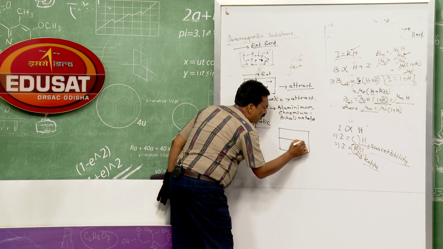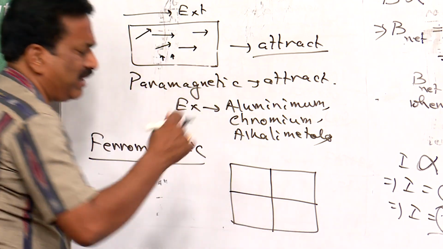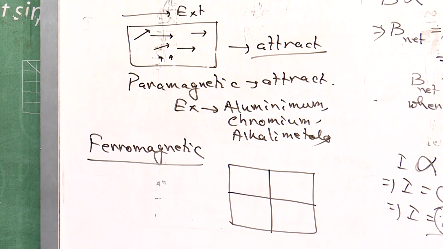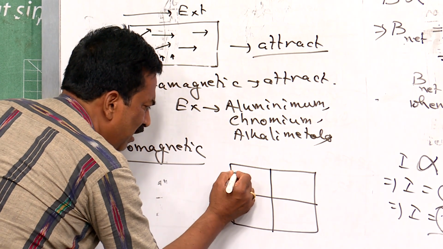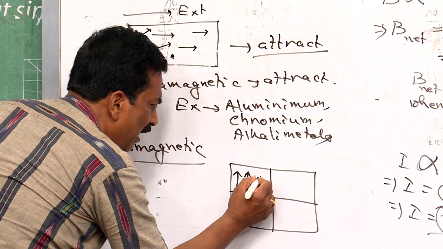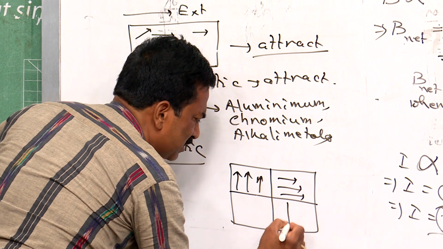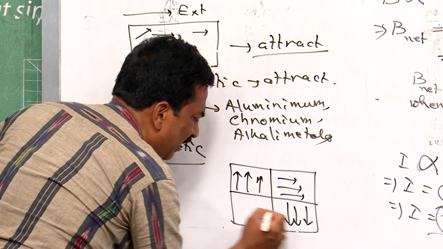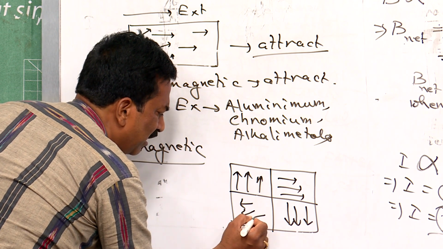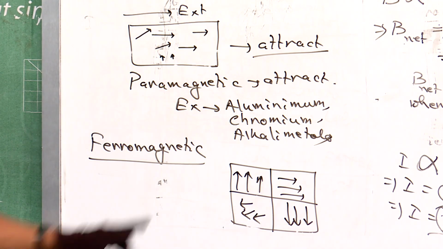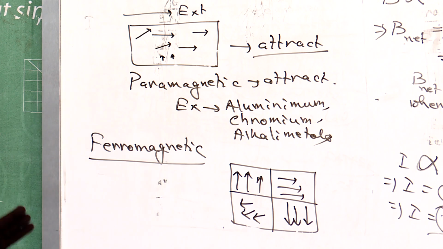Suppose I consider it as 4 parts. For this part, the dipoles are in this direction. For this part, the dipoles are in this direction, and here it is in this direction, here it is in this direction. These are the dipole moments it has.